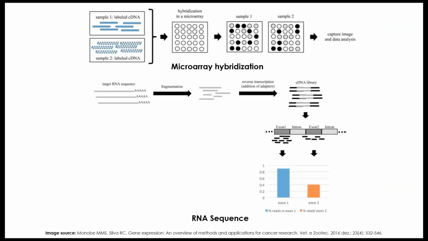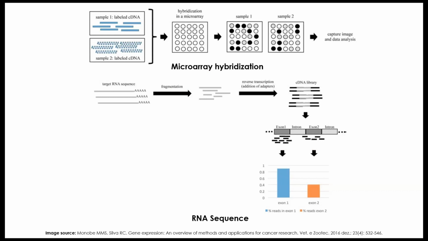I'm not going into detail because nowadays nobody is doing SAGE, or for that matter, even microarray. Microarray was once considered a very powerful tool, wherein you label the cDNA on a very small microarray chip, and then hybridize it with the probe, and depending on the fluorescence or how much hybridization there is, you get values in the form of fluorescence, and that tells you what the gene expression is.